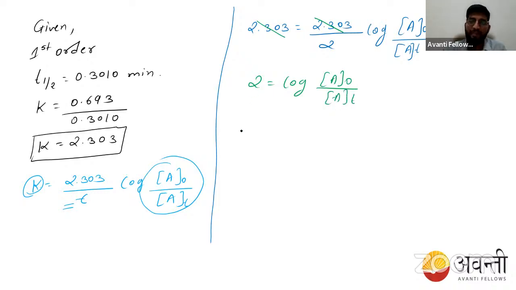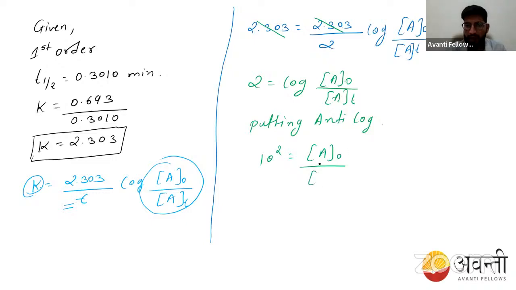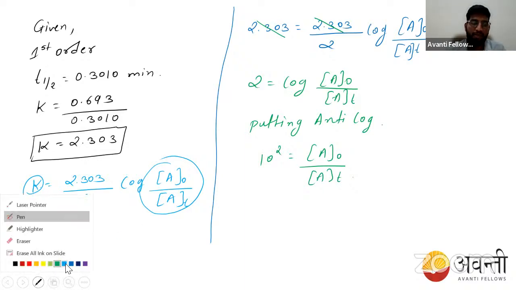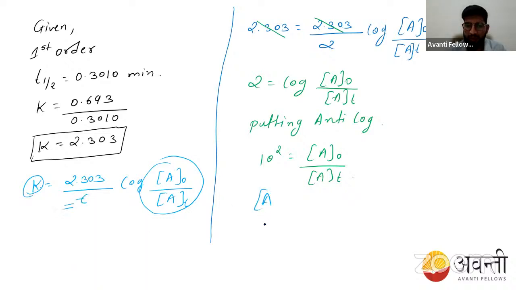Putting anti-log on both sides, we get 10 to the power 2 is equal to A naught upon A t. That means the ratio of A naught to A t is equal to 100. This is our final answer.